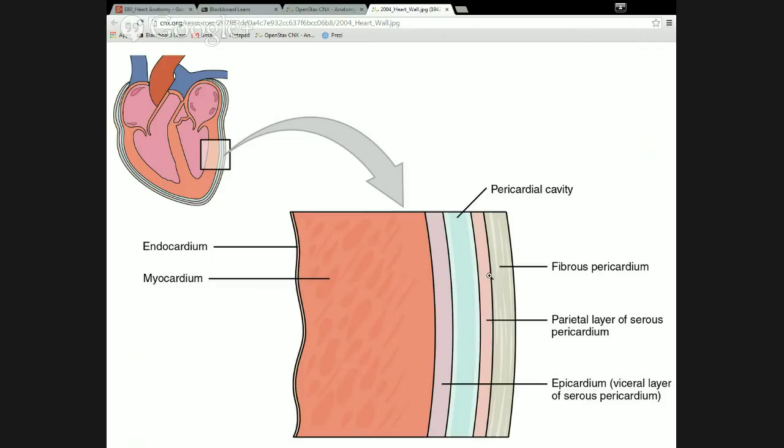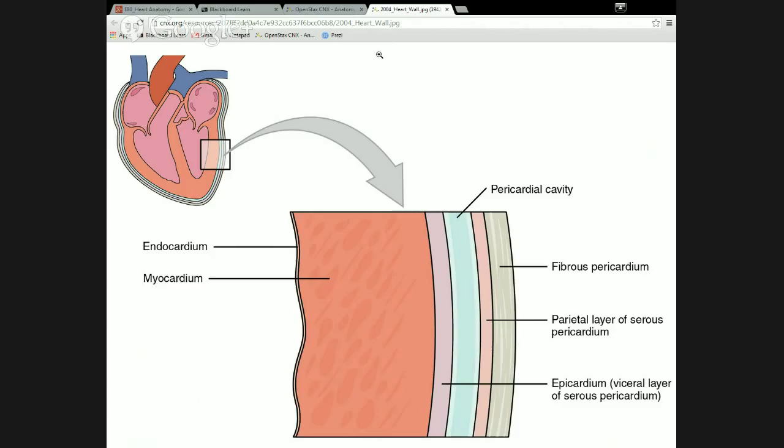Beyond the parietal pericardium, or more of the parietal pericardium, is this fibrous layer. This is a dense irregular connective tissue, which basically surrounds everything and kind of anchors it in place.